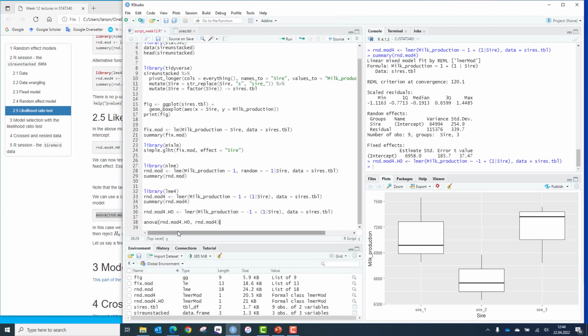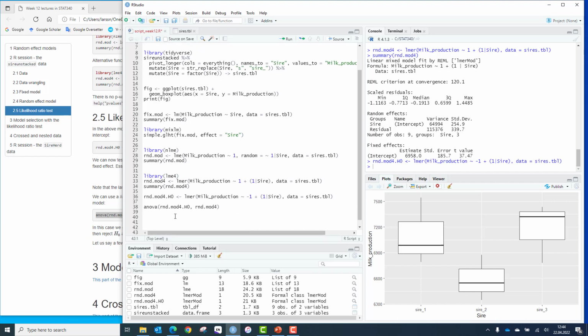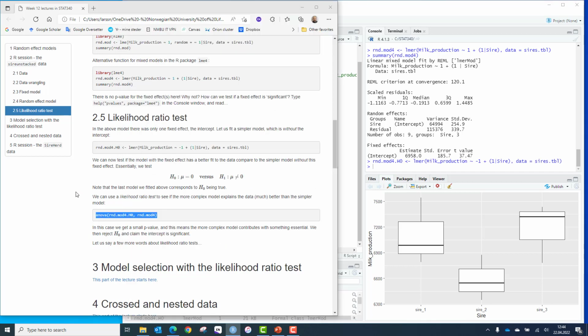ANOVA, we have seen this ANOVA function before, but it changes behavior depending on what you input to it. So here we now have the first fitted model, and this should always be the simplest one of the two, the one with the fewest parameters, right? And this corresponds now to the null hypothesis, where one of the parameters has been eliminated, namely the mu parameter.